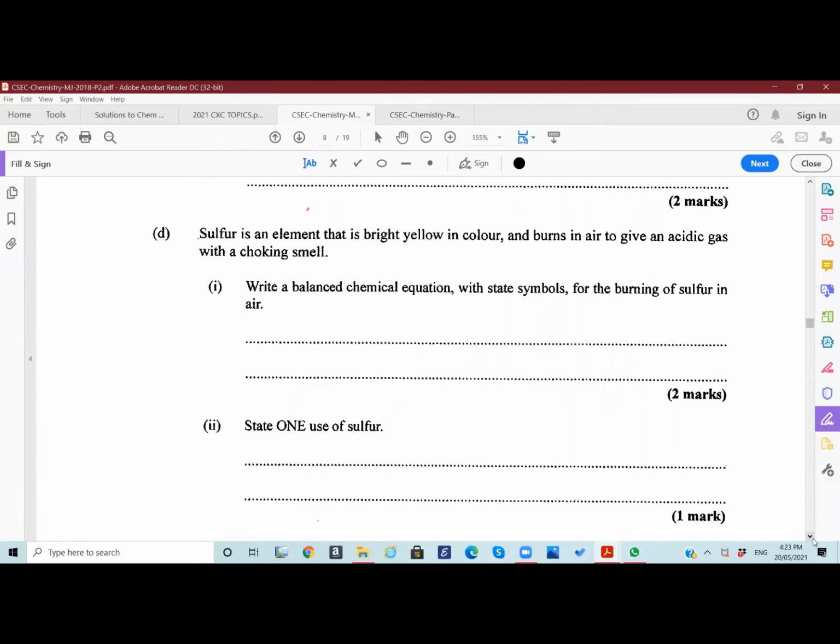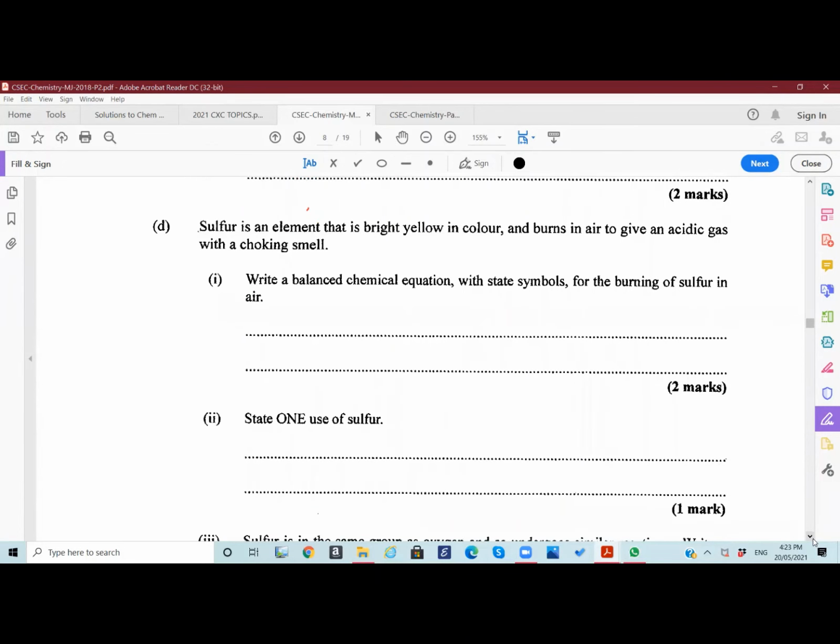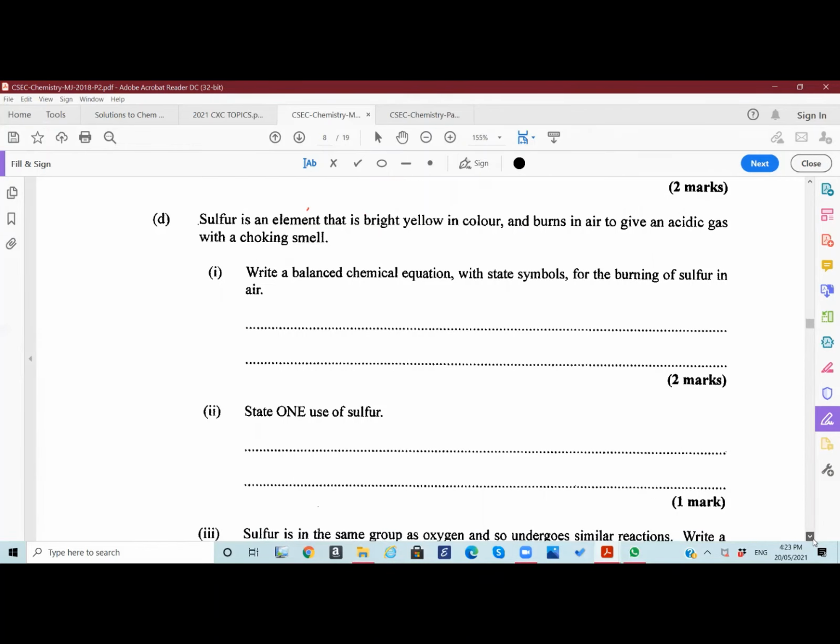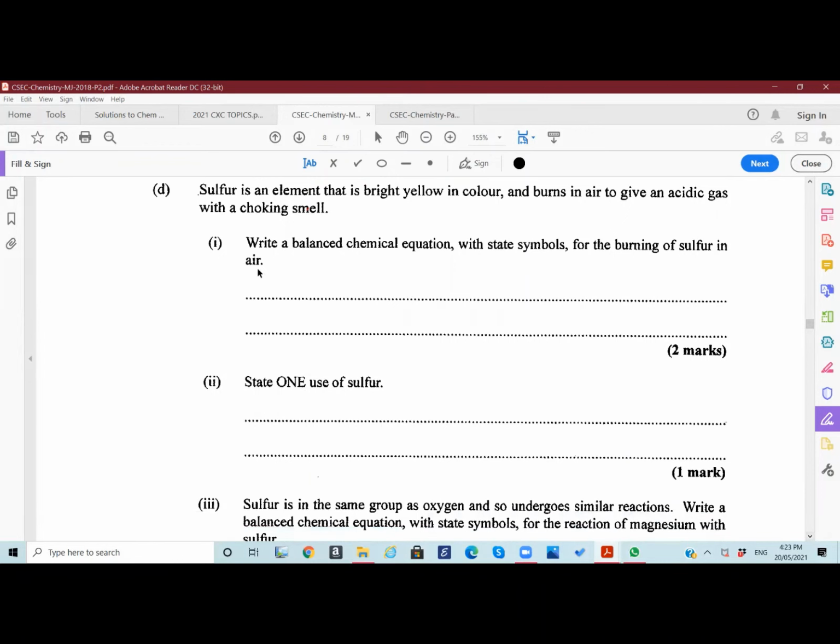All right, so part D, sulfur is an element that is bright yellow in color and burns in air to give an acidic gas with a choking smell. Write a balanced chemical equation with state symbols for the burning of sulfur in air. Do you know that equation?